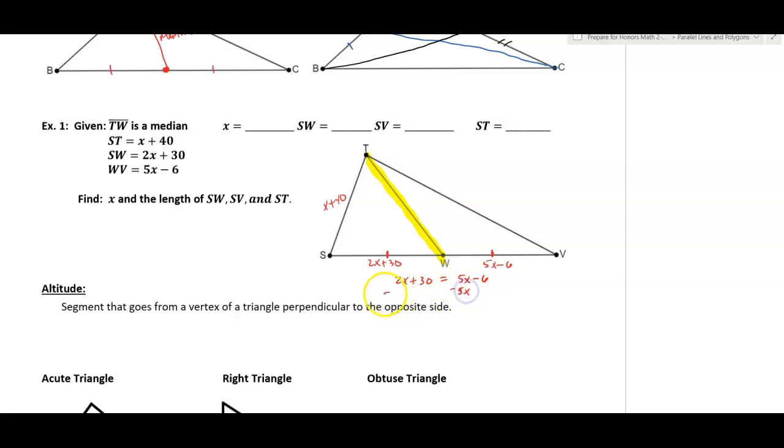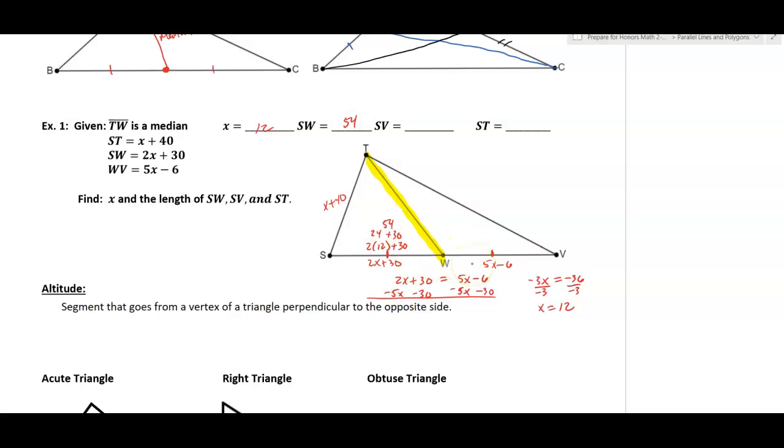If I go ahead and solve, I would get negative 3x equals negative 36. Divide by negative 3, I get x is equal to 12. If x is 12, now I can find the length of each segment. 2 times 12 plus 30 would give me 24 plus 30. SW is 54.